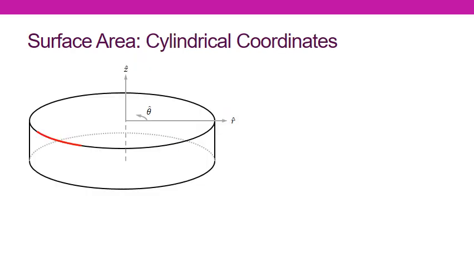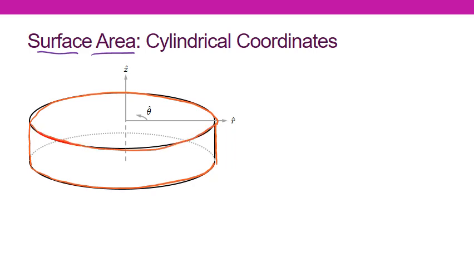As usual, this gets more interesting when we move to some geometry that isn't rectangular. So let's suppose we wanted the surface area of a cylinder, and again, this is surface area, not volume. Well, how would we compute that? We can do what we've done before. We can take this entire surface, which is this whole cylinder, and we can cut it up in bits.